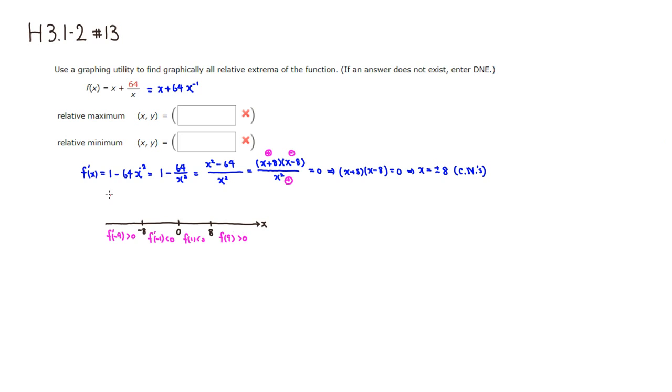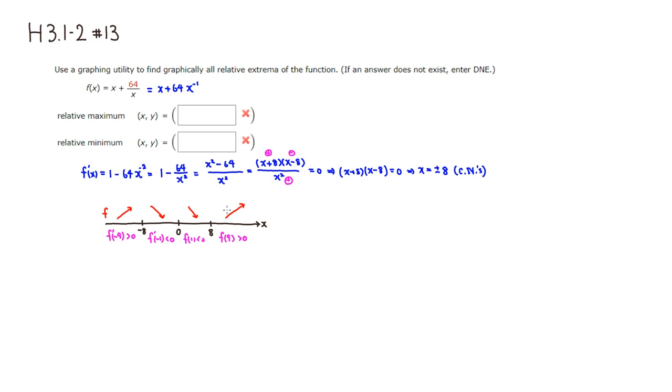So we know that the original function f, since the derivative is positive, is increasing, maybe I'll draw it like that. And after that, it's decreasing. And after that, it's increasing, or actually, sorry, it's decreasing, right? Oops, I'm going to erase that. It's decreasing there, and after that it's increasing.